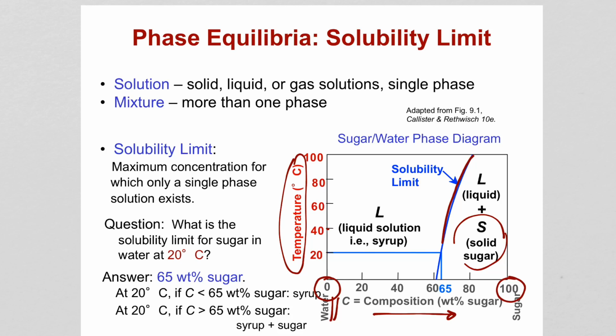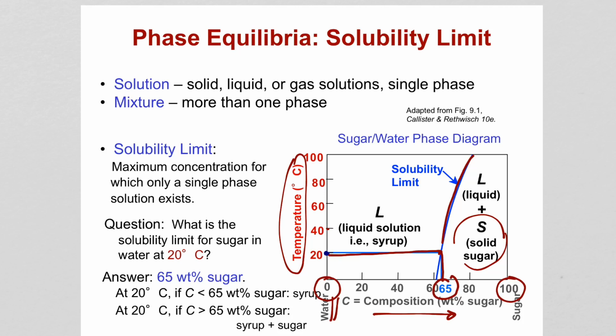Now what we need to do is start from the 20 degrees C line, let me choose a different color here. We go to the intersection of the temperature line with the solubility limit line and go down to read 65%.